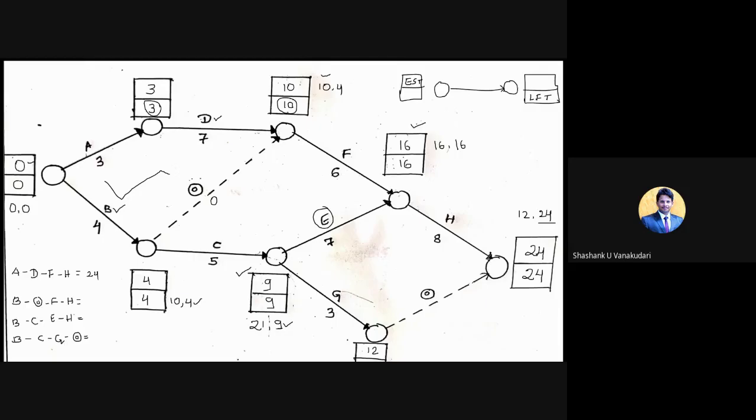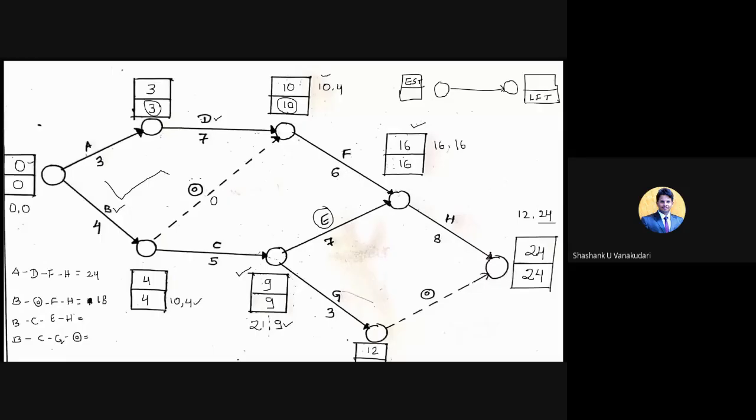So for the first path, what is the time duration? 24. Good. And then the second one, that's also 24. The second one: B, dummy activity, F and H. 8 plus 6, 14 plus 4, 18 it is. 18, right, Rakesh?